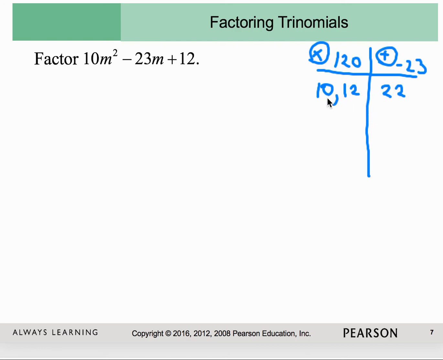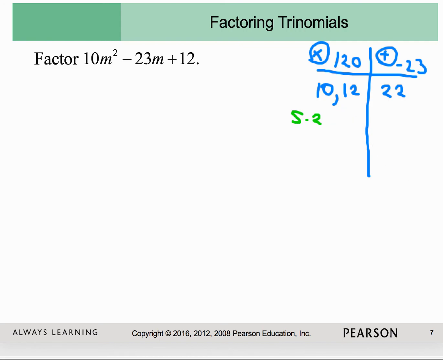Now, here's one thing we can do. You could play with it a little bit, but another option is let's change this to 5 times 2 times 3 times 4 maybe. Or maybe, if we're good, even 3 times 2 times 2, all of our factors.